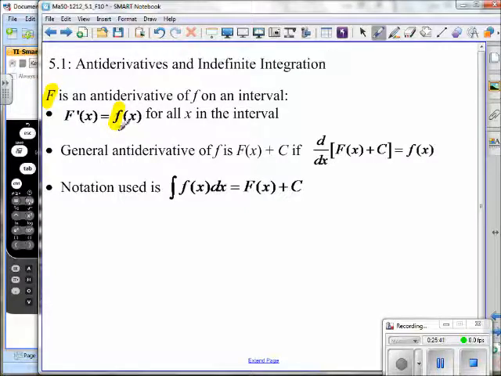F of x is the function, the antiderivative. It's not the derivative. So if cap F of x is the function, then the derivative of cap F is lowercase f of x, and it would be our derivative.